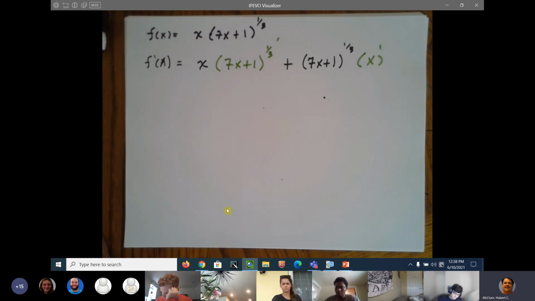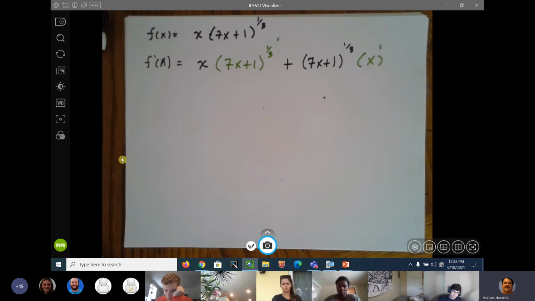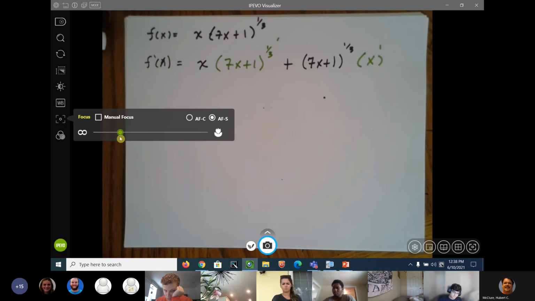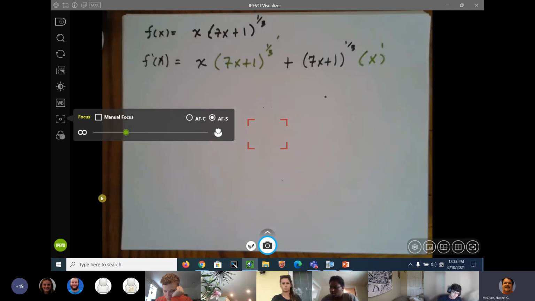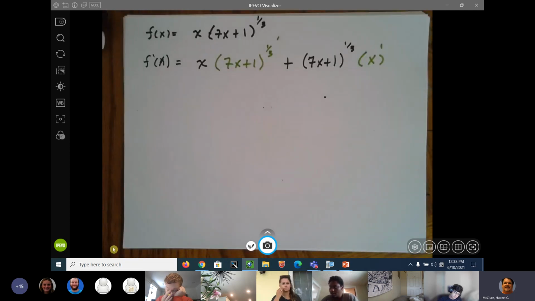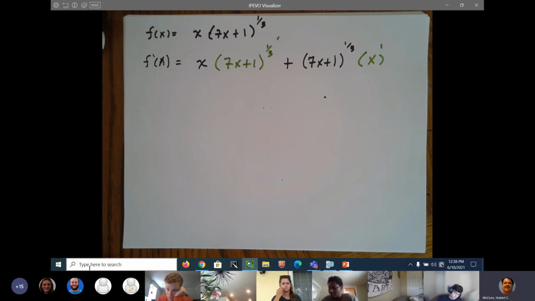Is that focused to y'all? Let me see if I can get a better focus. I'm gonna put it on autofocus. Is that focused? Yeah, Hubert, it looks like crap. It looks fine on my computer.